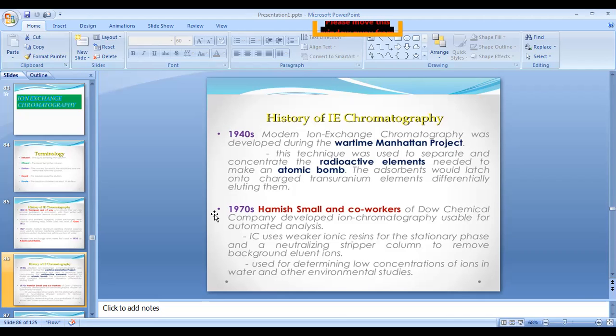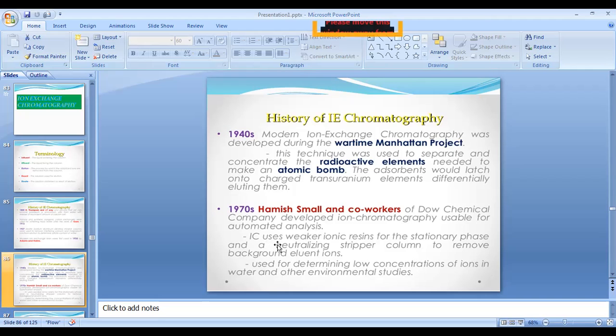So they developed a software that will provide qualitative and quantitative information. Qualitative means the composition of a particular element or substance, and quantitative means how much quantity is present in that sample. So this is automated software that was developed by this company.